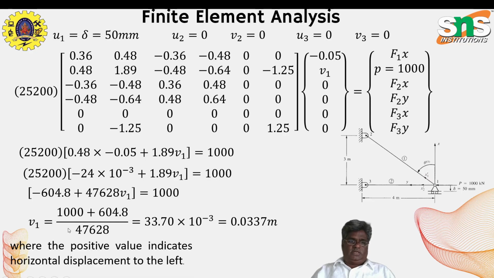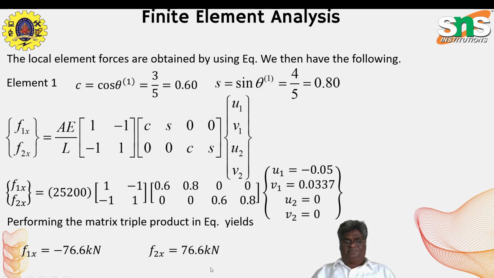So finally we obtain the V1 value, the displacement at node 1, V1 is 0.0337 meter, where the positive value indicates horizontal displacement to the left.